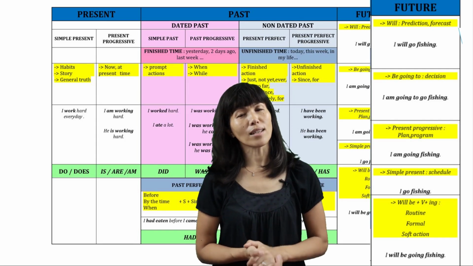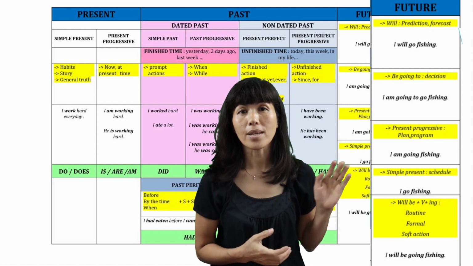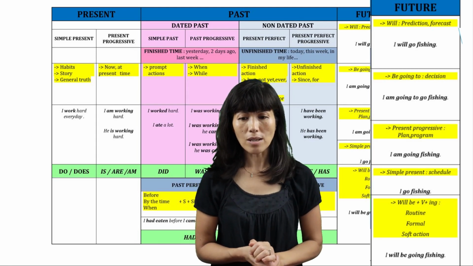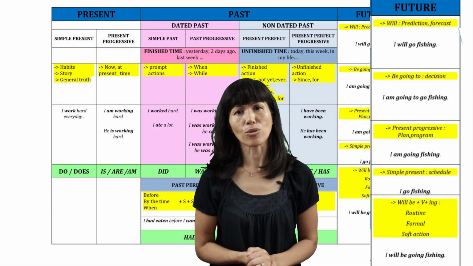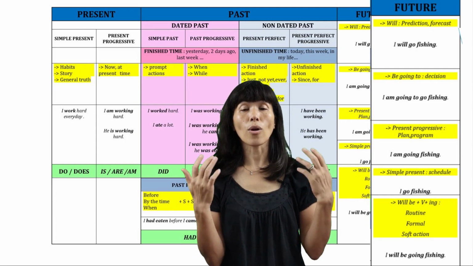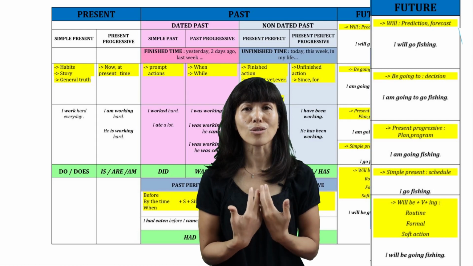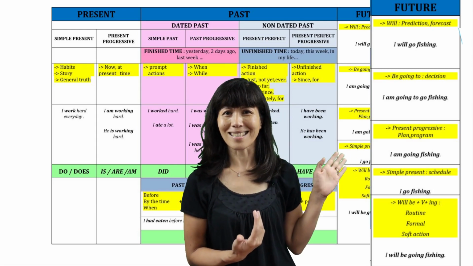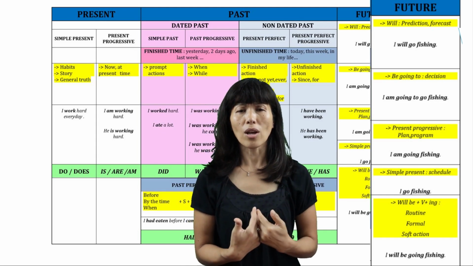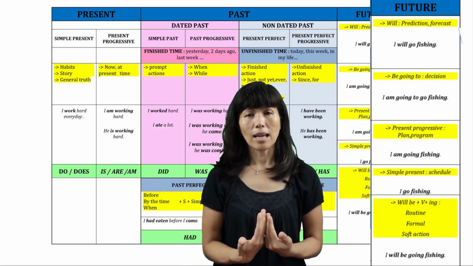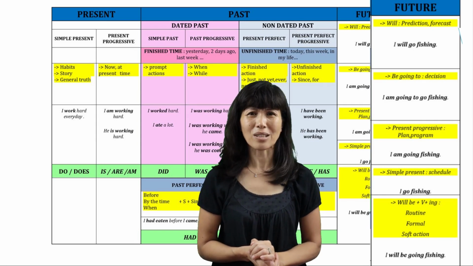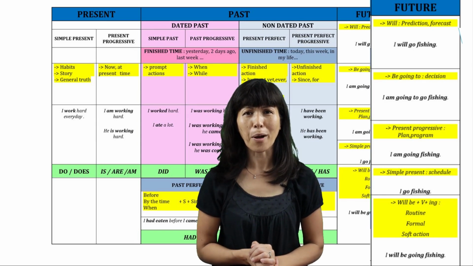So the second future will be going to. When you use be going to, the listener will understand that you have made a decision to do something. Yes. So that's why I indicated decision. So you have made a decision to do an action. Yes, to improve my English, I'm going to learn my irregular verbs by heart.